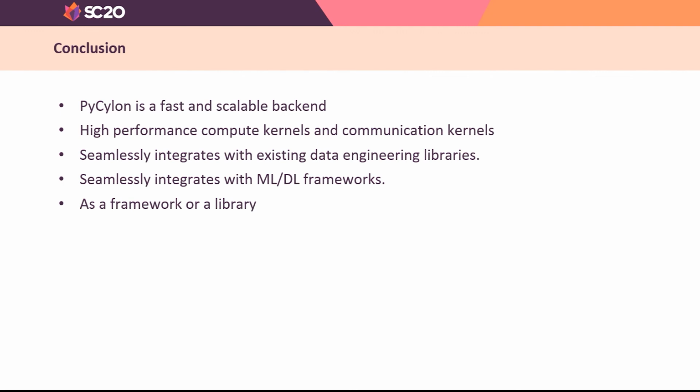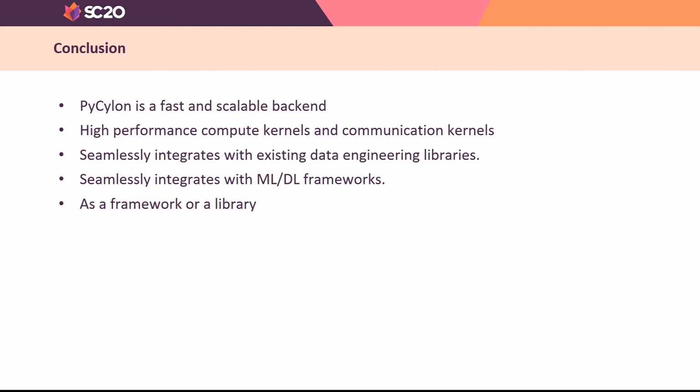From the current discussion and the experiments we conducted, we draw these conclusions. PyCylon is a fast and scalable backend that can be used either as a framework or a library. The most important thing with Cylon is the capability of providing high-performance compute kernels and communication kernels that can be exposed in different language bindings.